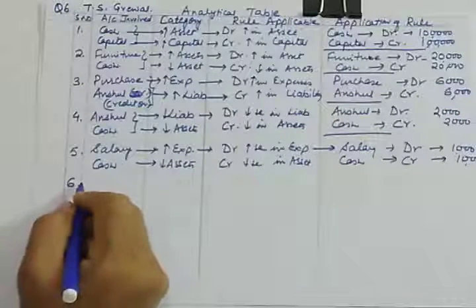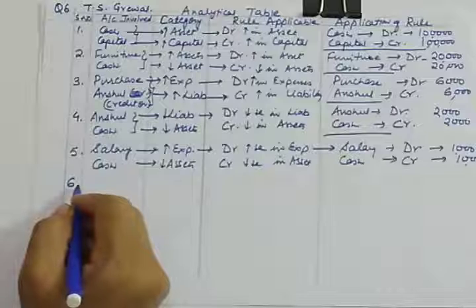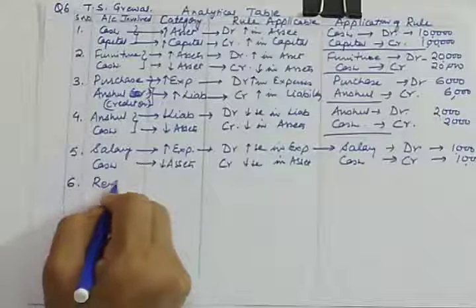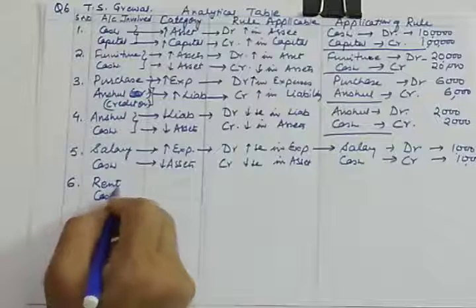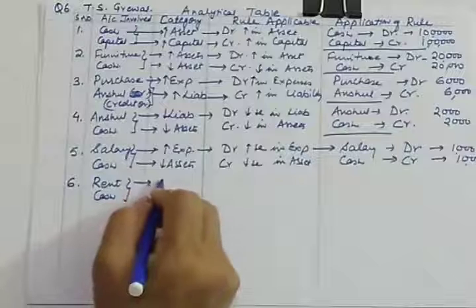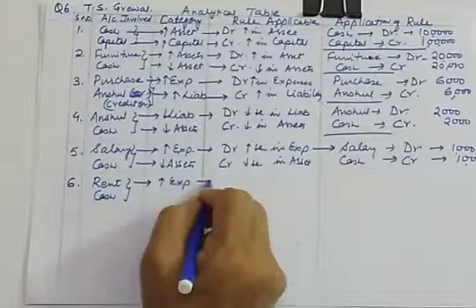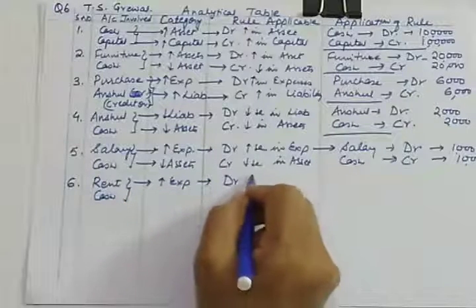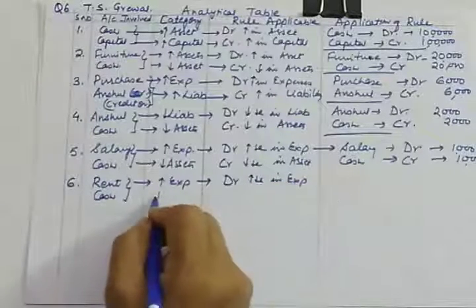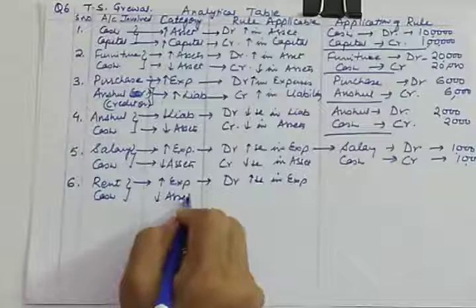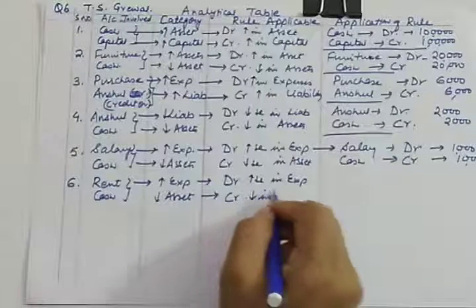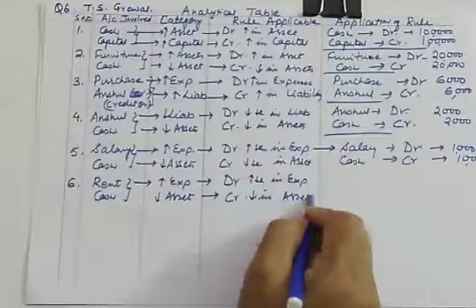And sixth is paid rent. When you pay rent, again the similar type of accounts are involved. One is here salary and cash, here rent and cash. This is increase in expenses. What is the rule for increase in expense? Debit, increase in expense, and here it is decrease in asset. So credit, decrease in asset.